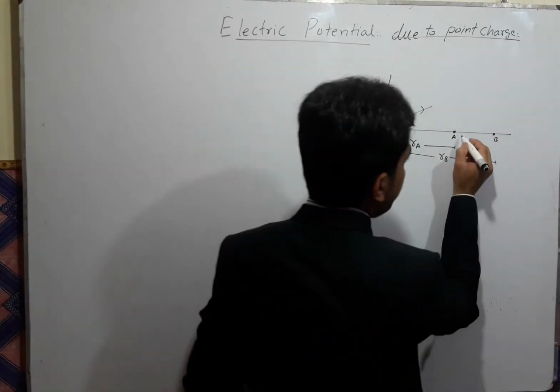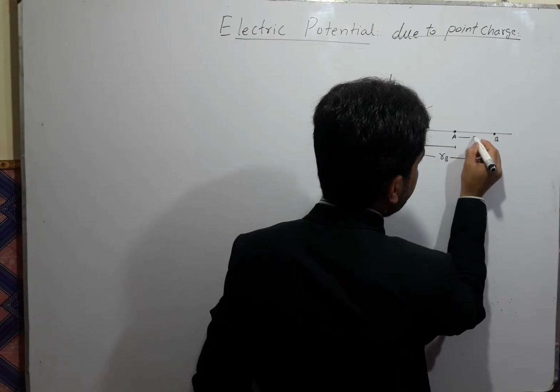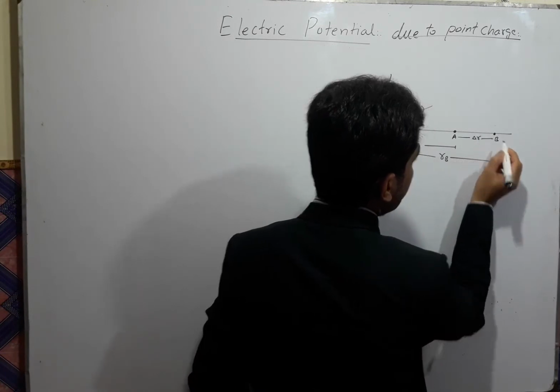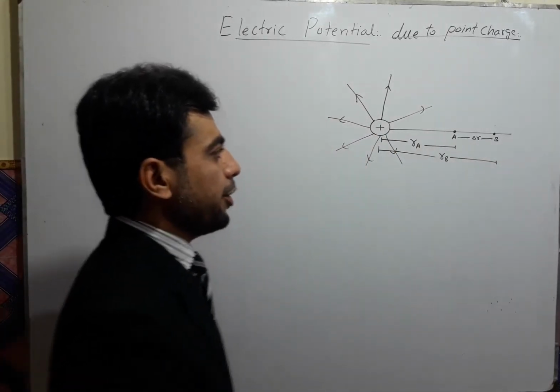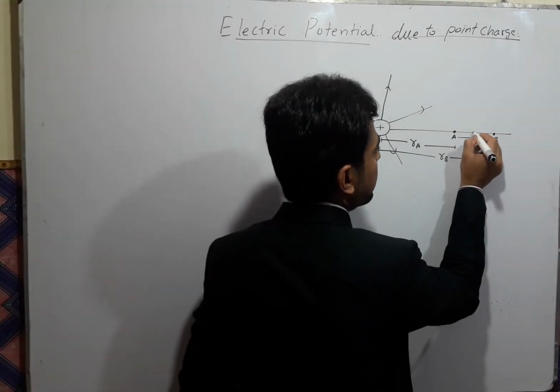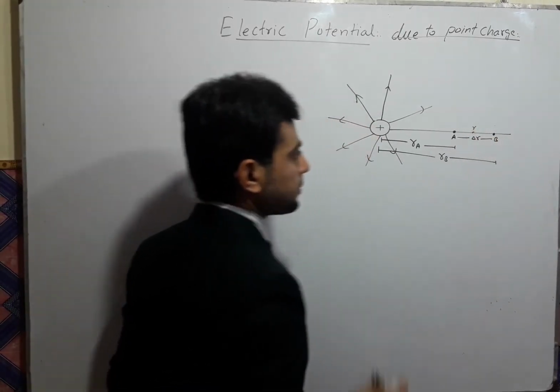The distance between A and B will be represented by delta R, and the midpoint of A and B let it be R.